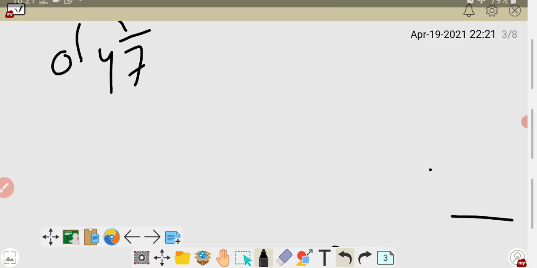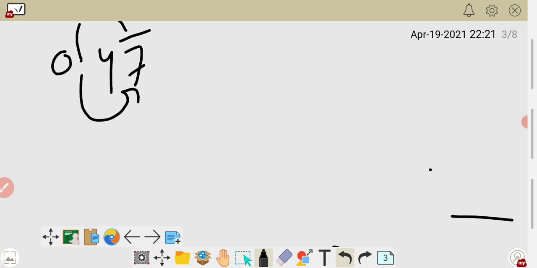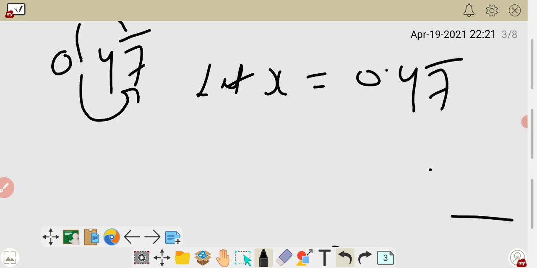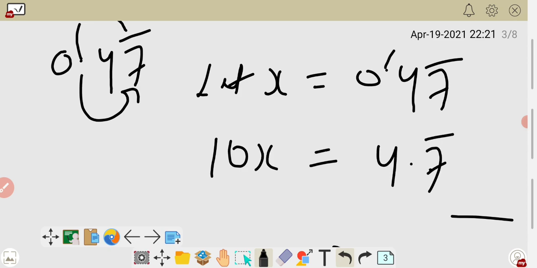So first we have to bring this decimal near that bar. So what do we do? If we multiply by 10, this decimal shifts to this side. So just write here, let x is equal to 0.47 bar first, and then multiply by 10, it becomes 4.7 bar. When you multiply by 10, this shifts to the right side, it becomes 4.7 bar. Now the decimal becomes near the bar.